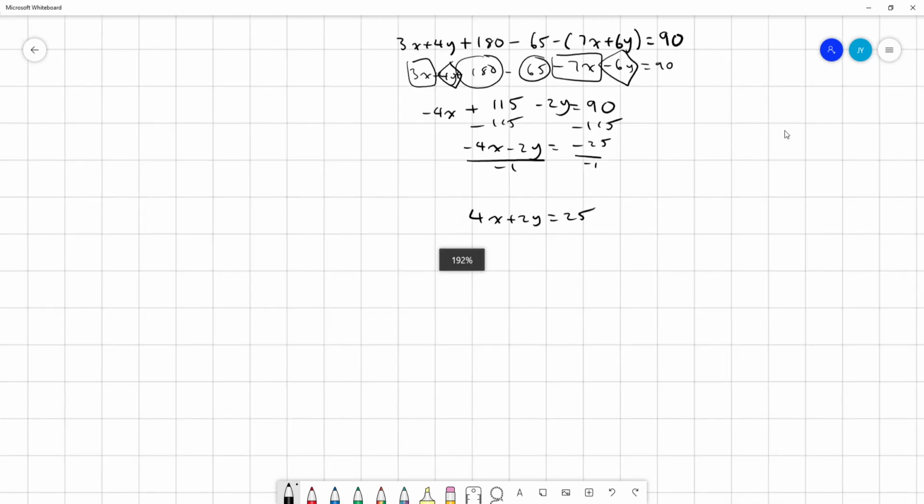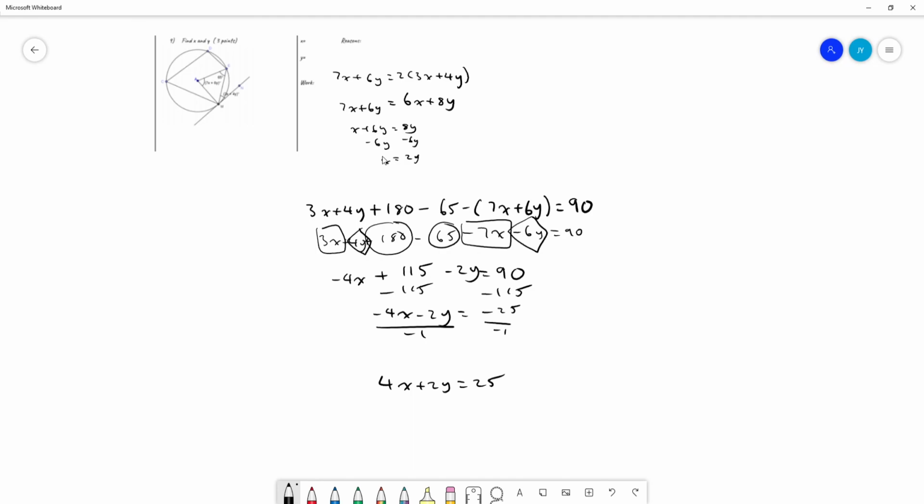And boom, you can already see we have two equations here that have the same variables. So we can use those two methods of getting rid of one variable, which are elimination and substitution. Here we're going to use substitution, as it's much easier since x is the sole variable on one side of the equation. So we can just plug that into this equation easily.